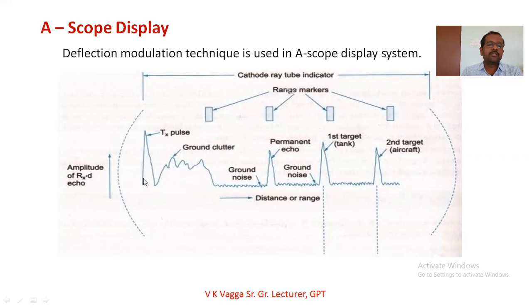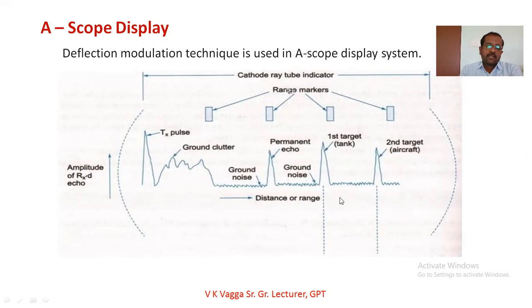The signal is transmitted from the left first, and afterwards it receives the echo signals according to the available targets, which should be accepted within the extreme right end, indicating the maximum range.